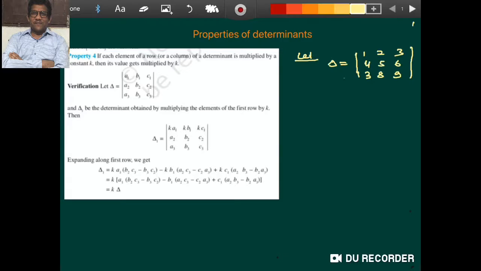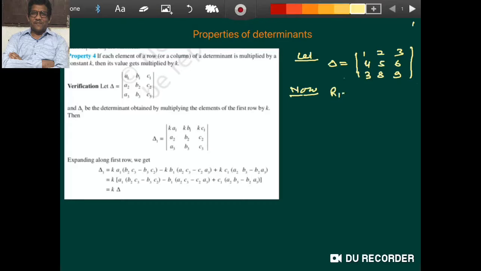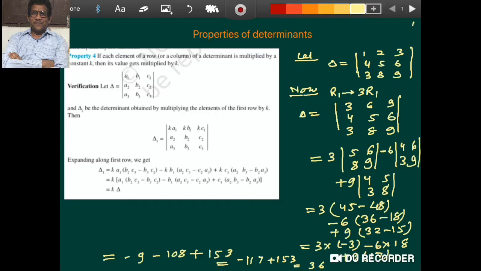Now its value is this. Multiply row 1 by 3. We get, now its value is this. Here we observe that if we multiply row 1 by 3, then the value of the determinant gets multiplied by 3.